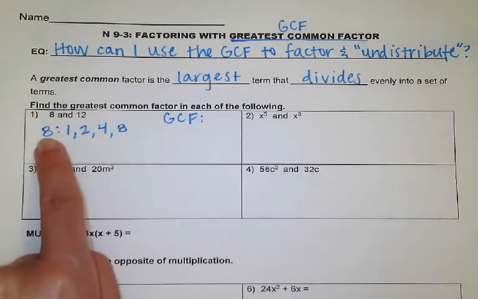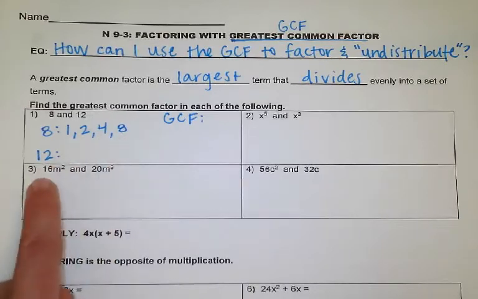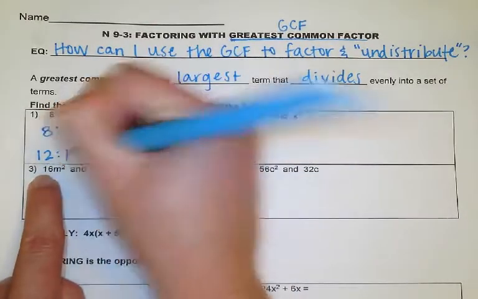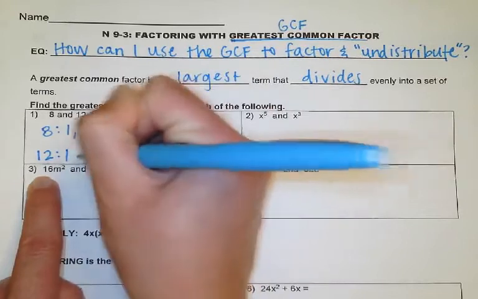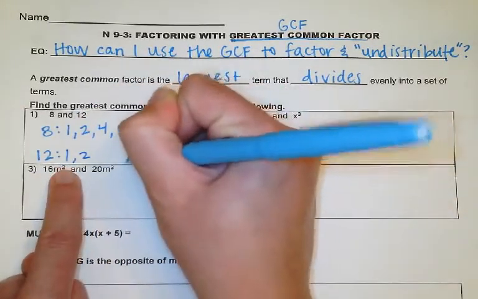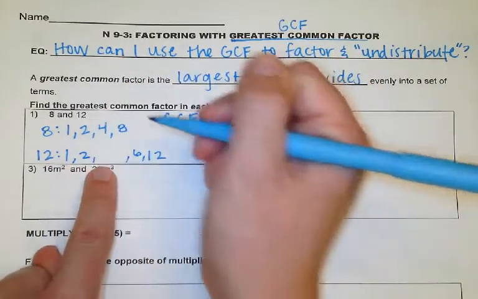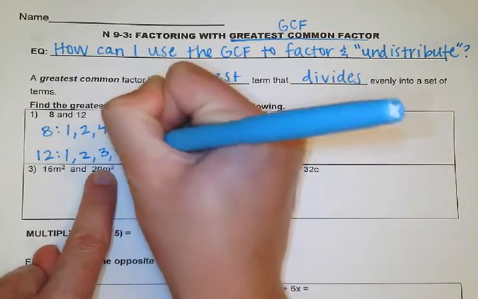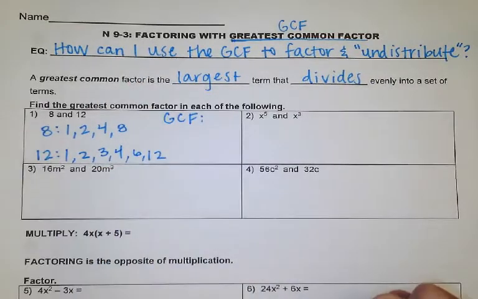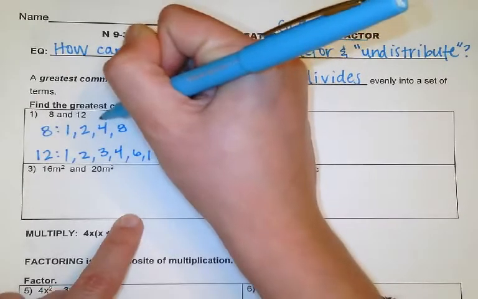So 8 is divisible by 1, 2, 4, and 8. 12, well, that would be 1 times 12, or, let's see, 2 goes into 12, 2 and 6. And then if I keep going, 3 goes into 12, 3 times 4. And if you list out all the factors, then you'd want to find the biggest one that they have in common.